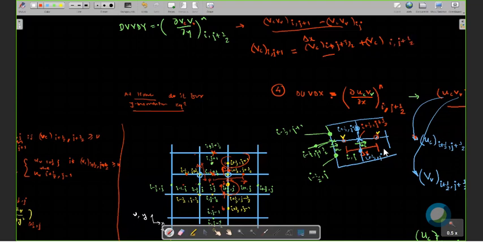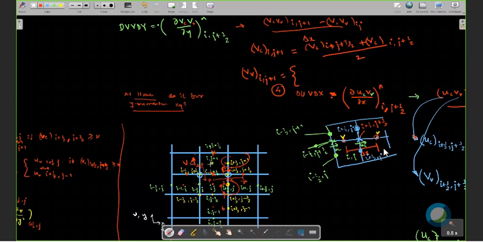And VV will be based on the value of VC. So VV at I, j plus 1 will be equal to, if this value is greater than 0, then you have to take one value.